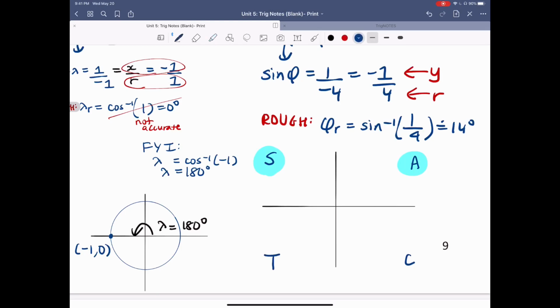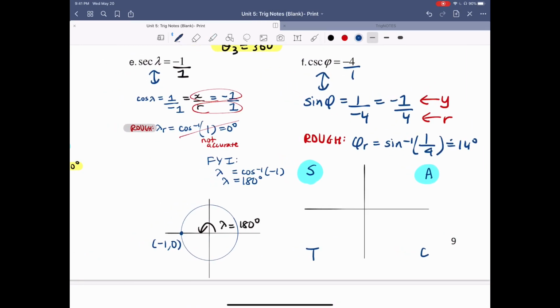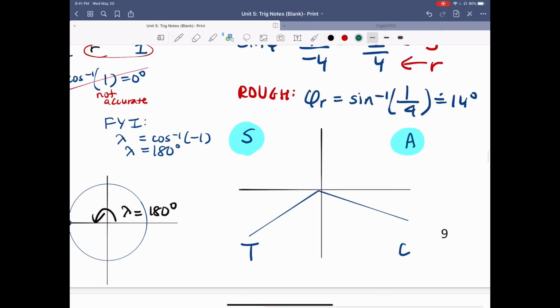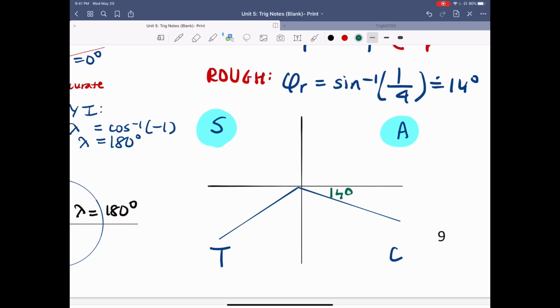Sine ratios are positive in the first and second quadrants, but my original has a negative value. So I'm going to draw my terminal arms on the other part so that it is in fact negative. My related acute angle is 14 degrees, so this is 14 degrees, and this is 14 degrees.